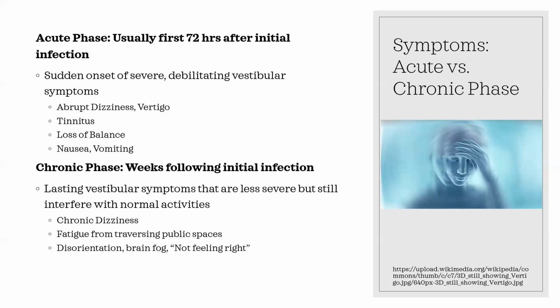So, chronic dizziness, especially when traversing public spaces or environments that the patient is not familiar with, or that involve a lot of peripheral motion, like driving or any public space where there are a lot of people moving around, like a grocery store. Another commonly reported symptom in this chronic phase is the feeling of disorientation or brain fog, simply feeling unwell without very specific ways to describe it, is what patients will often report.